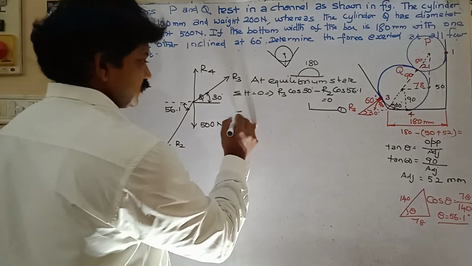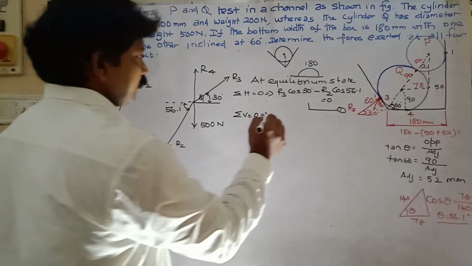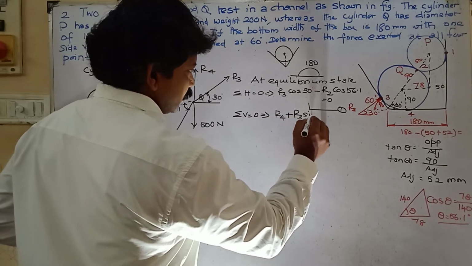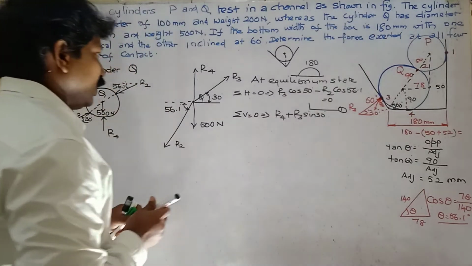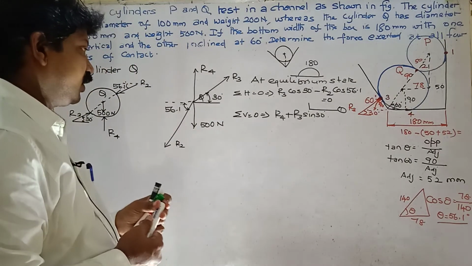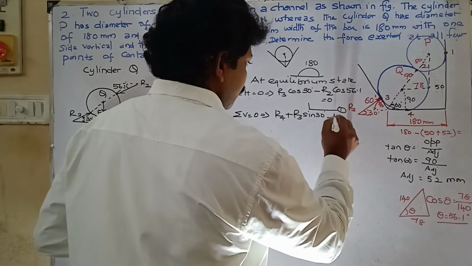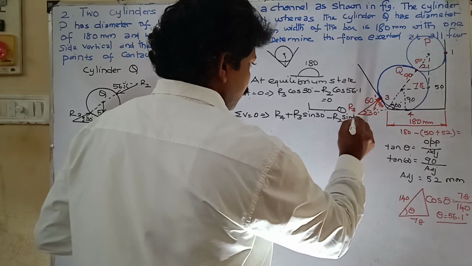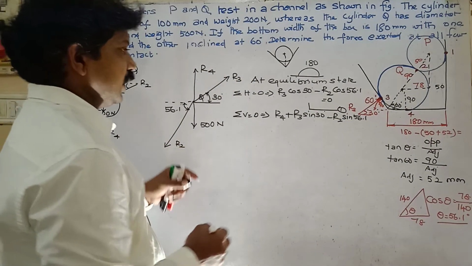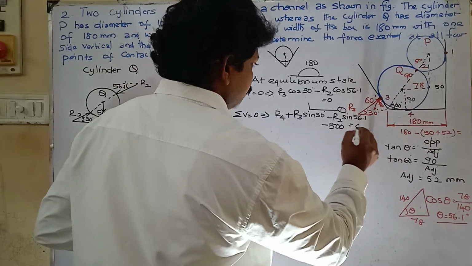And sigma V equals 0. R4 positive plus R3 sin 30 positive, and then minus R2 sin 56.1 minus 500 equals 0.